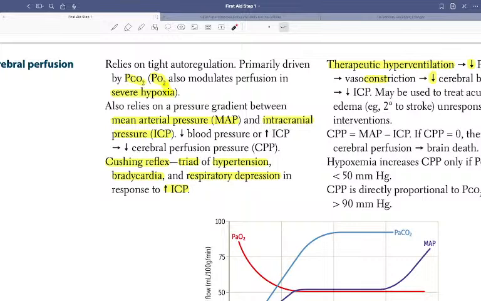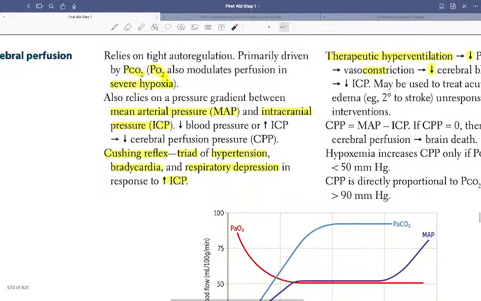Cerebral perfusion pressure is ultimately equal to MAP minus ICP. So if ICP is increased or your blood pressure is decreased, then cerebral perfusion pressure also decreases. So what is Cushing's reflex?